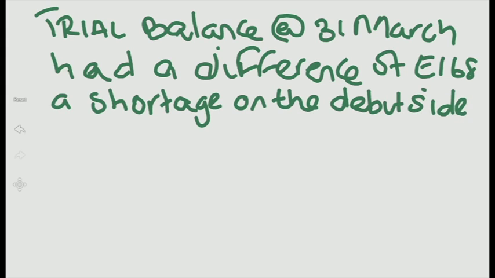This was a shortage on the debit side. As we move further, trying to investigate in our books of accounts, what are we going to find out? On 31st May, the error was found, and we made a payment of 168 to KL.